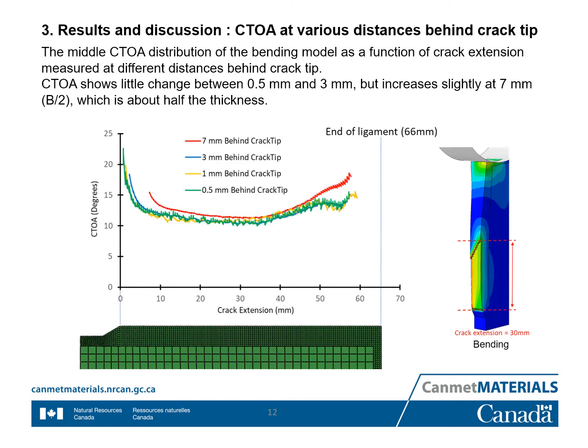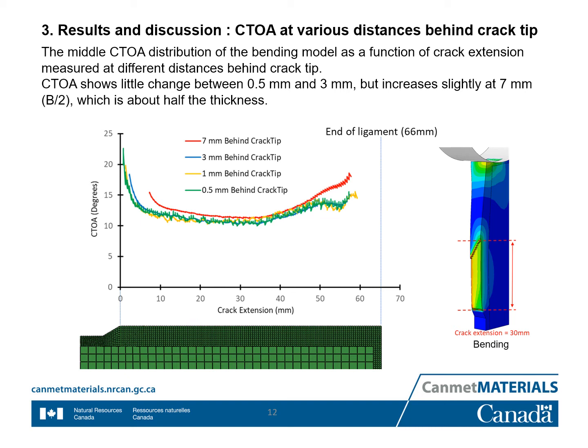This slide shows the CTOA distribution as a function of crack extension at 4 different distances behind crack tips. All these 4 curves are measured from the bending mode, and the CTOA is measured in the mid-thickness of the specimen. These curves range from 0.5 millimeter behind crack tip up to 7 millimeter behind crack tip.